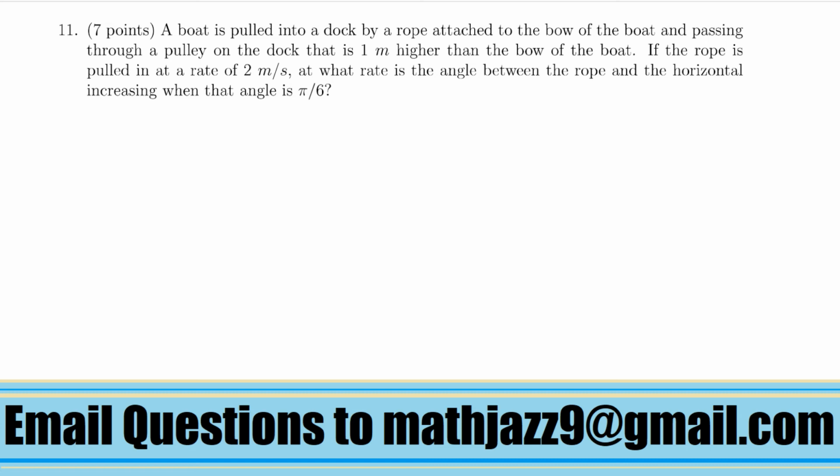Part of why we can assume that is because we don't do hyperbolic sines and cosines anymore, which are the actual curves that ropes form when they're hanging between points. So if you ever looked at, say, a telephone wire going between two telephone poles, that's not a parabola. That's actually a hyperbolic cosine curve. But in this problem, we're going to assume that these are lines.